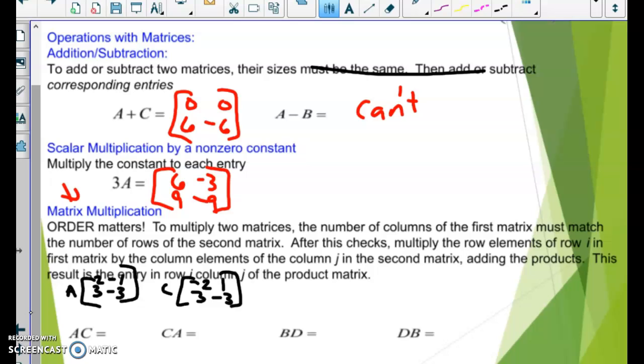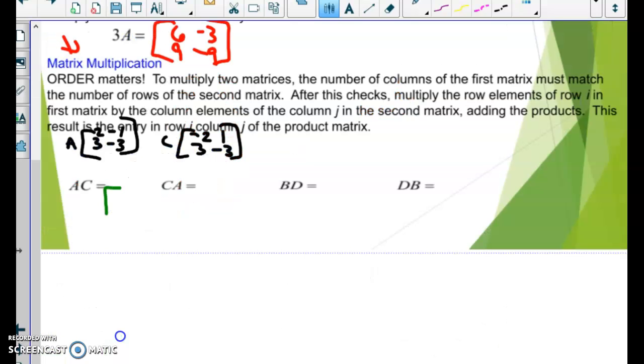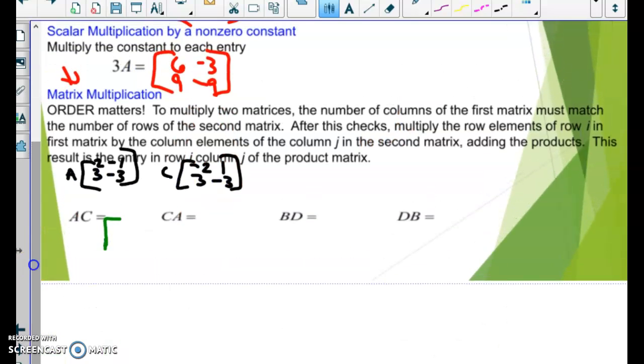So I get 2 times negative 2, which is negative 4, plus negative 1 times 3 is negative 3. So that first element would have to be negative 7.